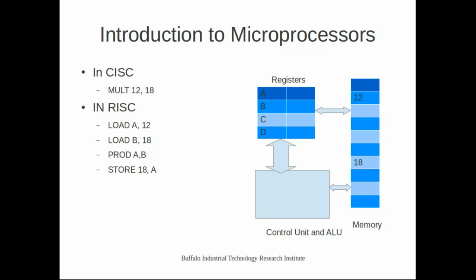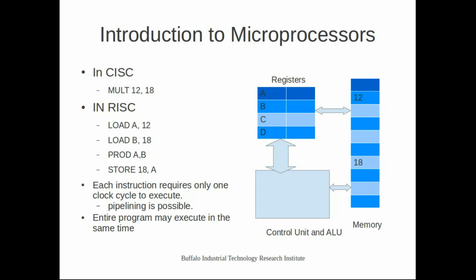This looks like a lot more instructions than what is given in CISC, but each instruction required only one clock cycle to execute. Since it was uniform, very efficient pipelining was possible. The entire program may execute in the same time as in a CISC processor, but optimization of a small set of instructions in hardware was possible in this architecture.